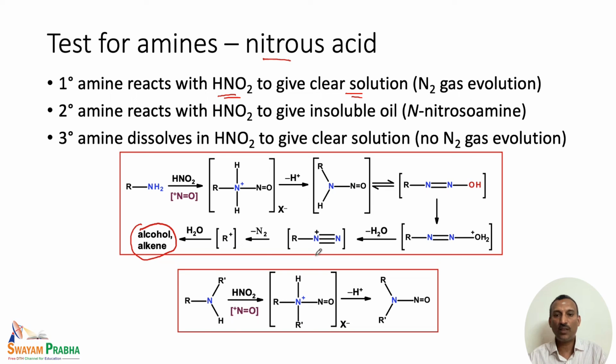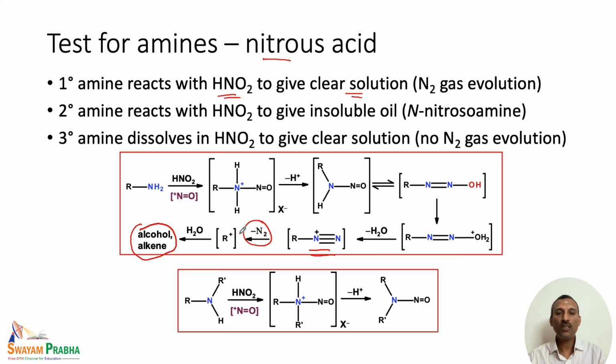This is the diazonium intermediate which is formed, which loses nitrogen to give the carbocation. This carbocation now reacts with the weak nucleophile water to give alcohol, or in some cases it can undergo elimination, and then we end up with the alkene derivative.